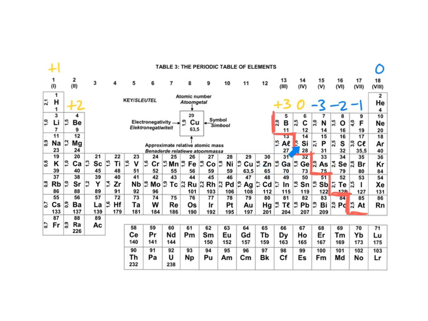Remember that this boundary here is an imaginary boundary. All the elements to the left are metals, and metals tend to give off electrons, and so this is really important. Metals lose electrons to form positive ions.